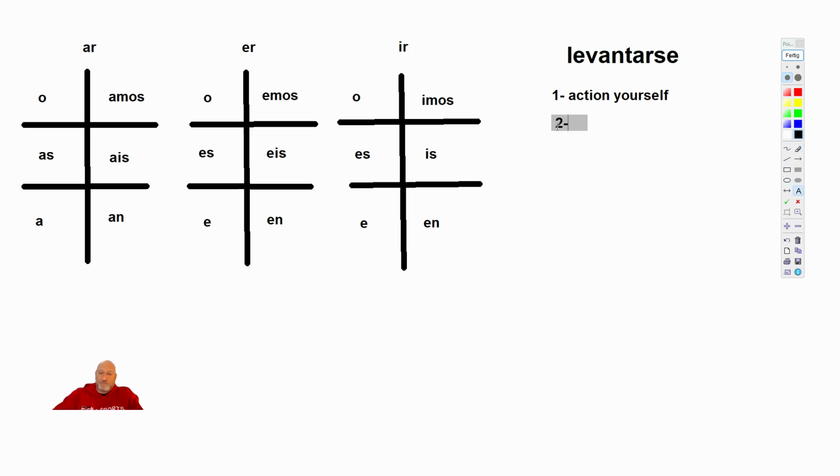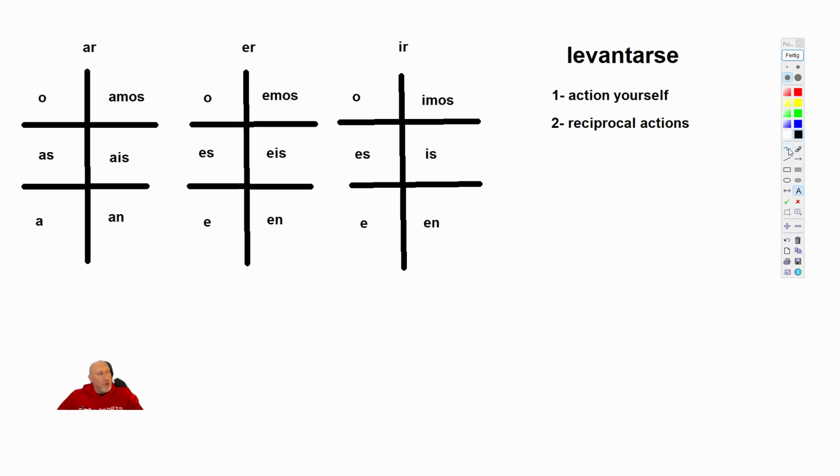More, we use reflexive verbs when we are talking about reciprocal actions. If the action is done by me to someone, but that same person is doing the action to me as well, it goes in both ways. It's a reciprocal action. I think in English you express it by saying to each other.